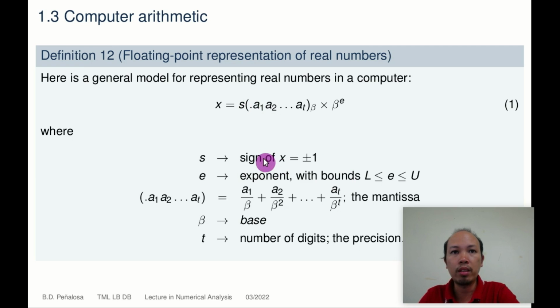And e here is what we call the exponent, which has bounds L and U. The lower bound is L, the upper bound is U. And this part here, point a sub 1, a sub 2 up to a sub t, is what we call the mantissa. And beta here is what we call the base. And finally, t is the number of digits, or the precision. Okay, so please remember this formula on how to represent a given real number x.